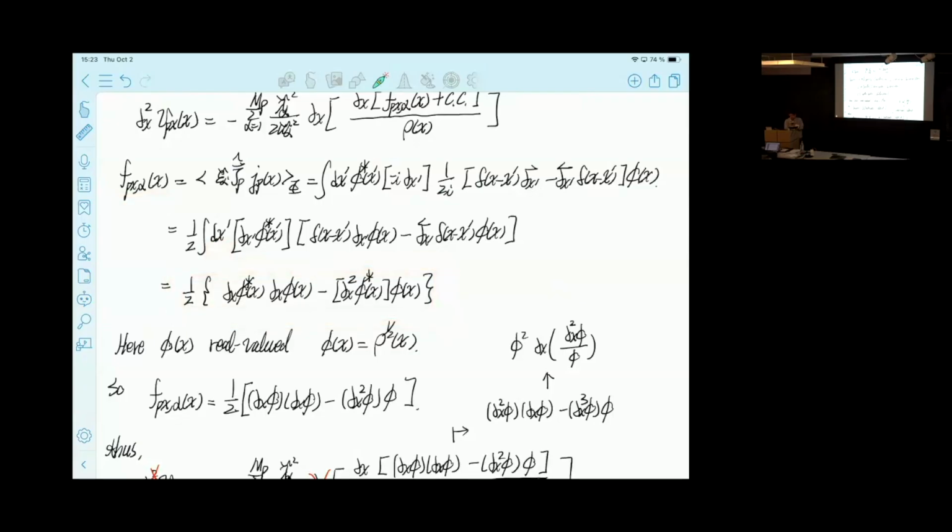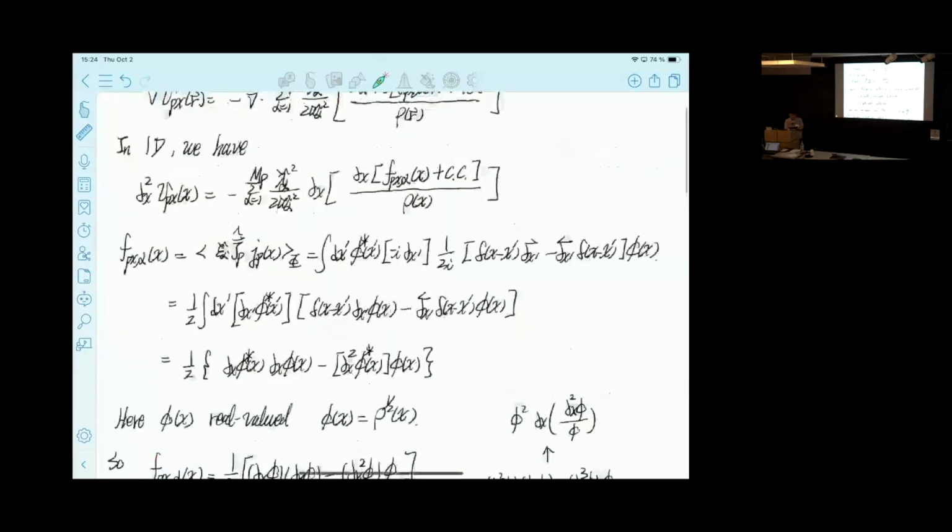Because for one particle, the wave function we can choose real valued, and we can compute it from the electron density: we just take the square root of the electron density. If you go back to this formula, you see there's a CC, which means complex conjugate. Because everything here is real, we get rid of this 1/2.